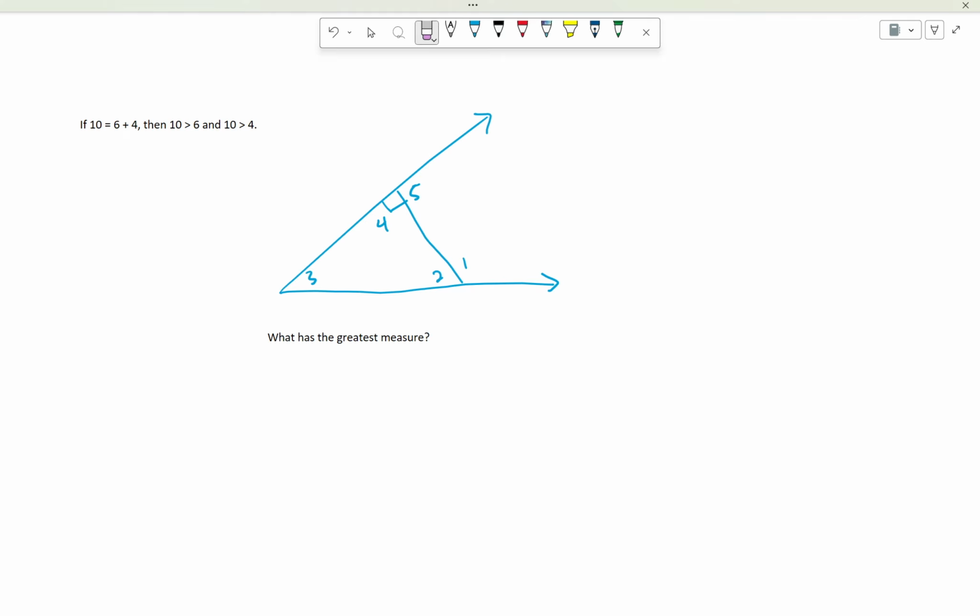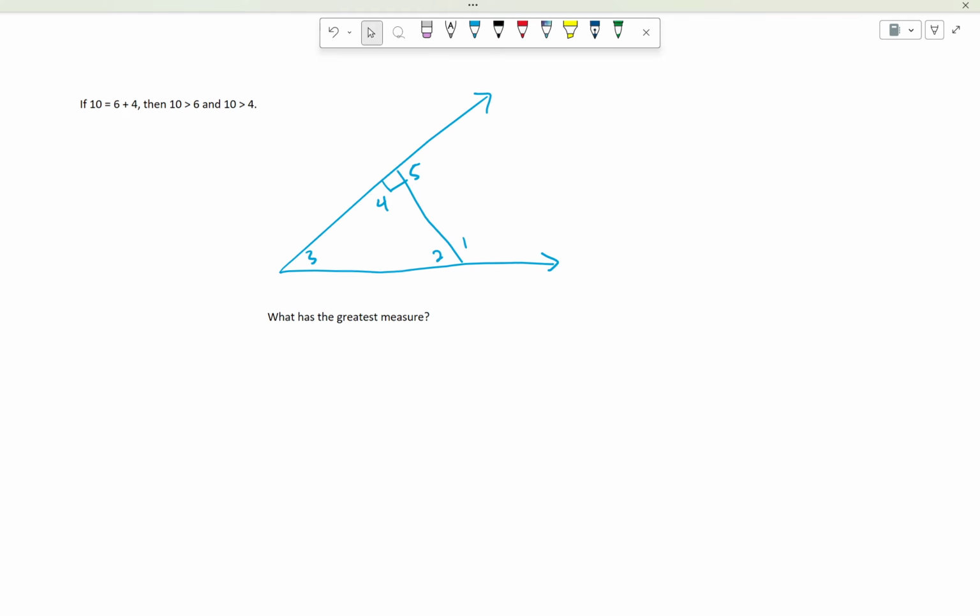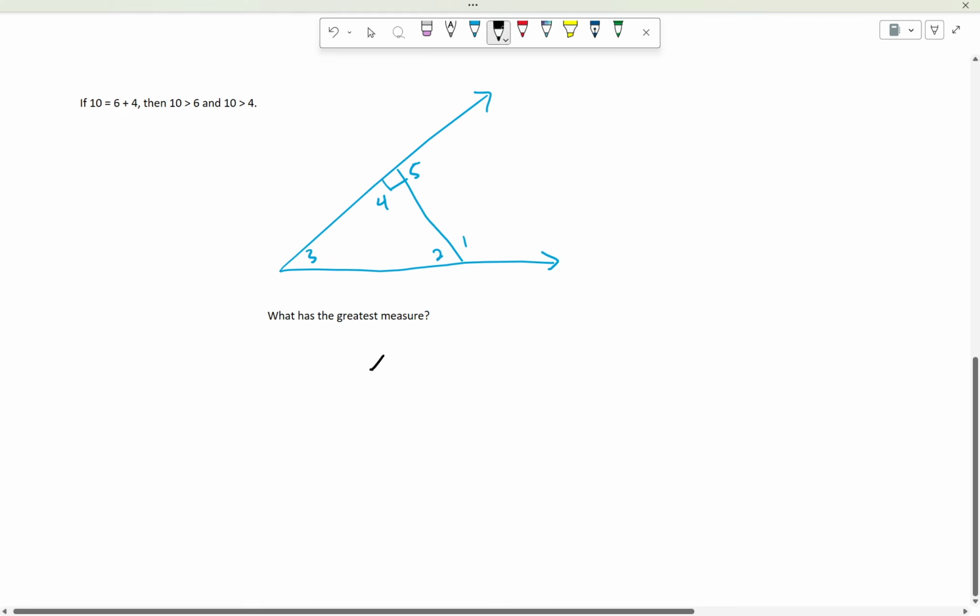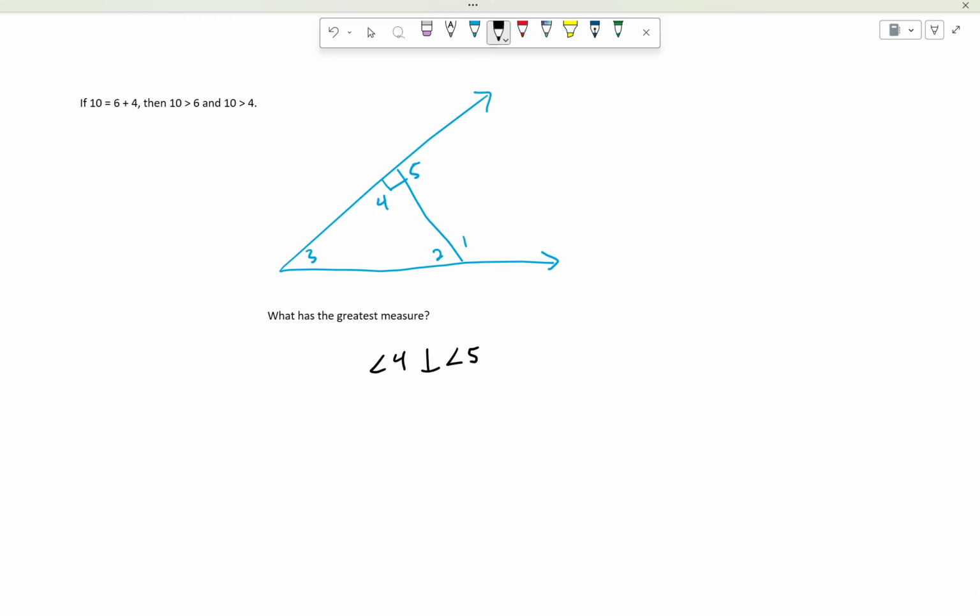Well, here's what we are given as facts. We know that angles 4 and 5 are perpendicular to each other because it's just marked that way. Therefore, we know the angle measurements for 4 and 5 are both 90 degrees.